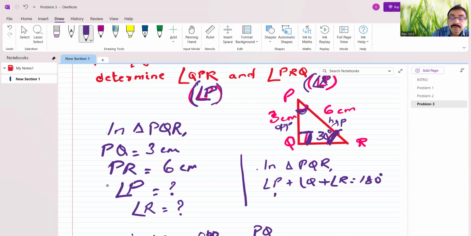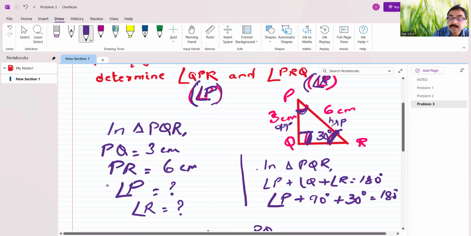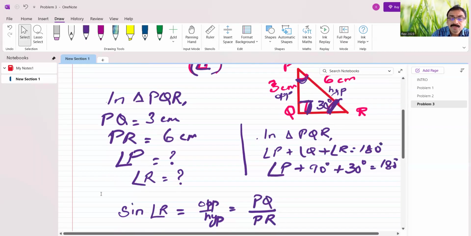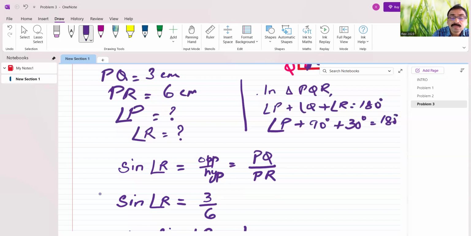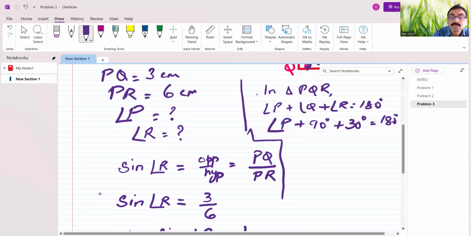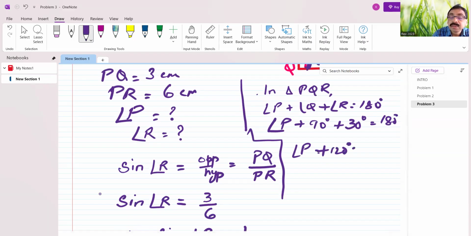Angle P plus 90 degrees plus 30 degrees, which we found, is equal to 180 degrees. So angle P plus 120 degrees is equal to 180 degrees.